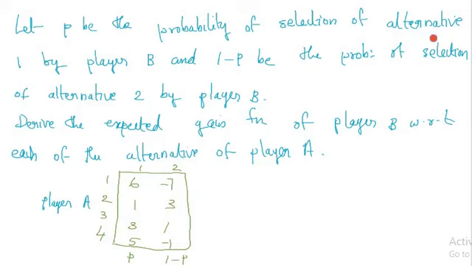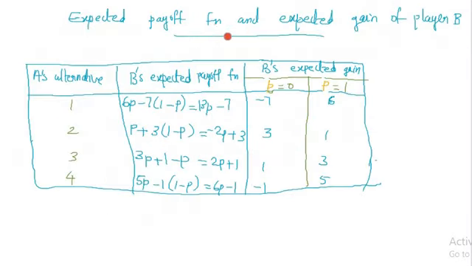Now we move on to step 2. Let P be the probability of selection of alternative 1 by player B and 1 minus P the probability of selection of alternative 2 by player B. And we can derive the expected gain function of player B with respect to each of the alternatives of player A. Then write the payoff matrix and write P and 1 minus P corresponding to the strategies of player B. The expected payoff function and expected gain of player B are shown in the table.